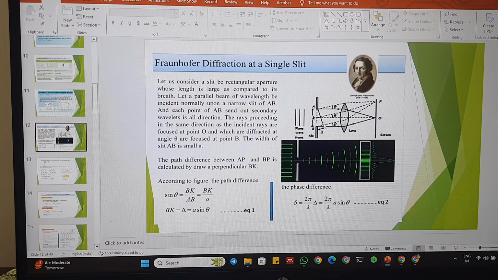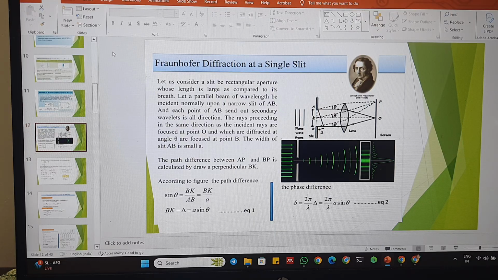We have a right angle triangle, so sin theta equals BK by AB. What is AB? AB is the width of the slit, which we are considering as small a. Then BK, the path difference, will be a sin theta, because of the right angle triangle.